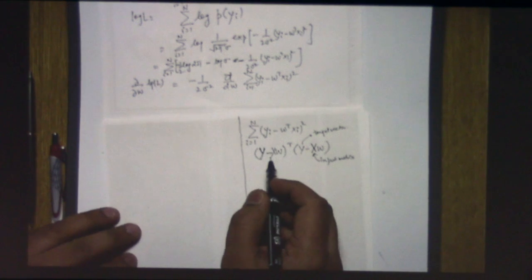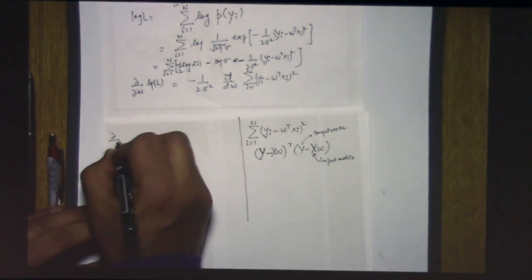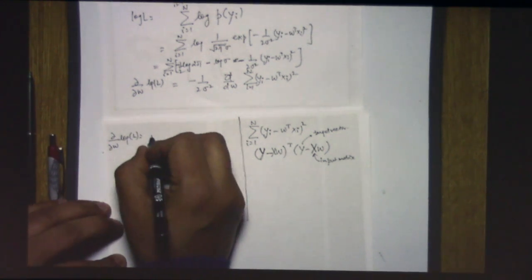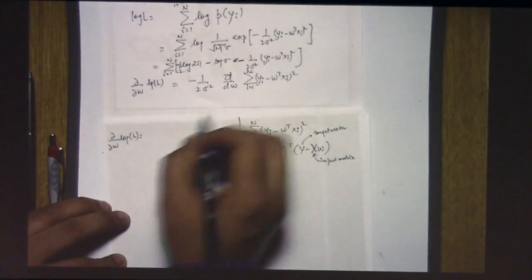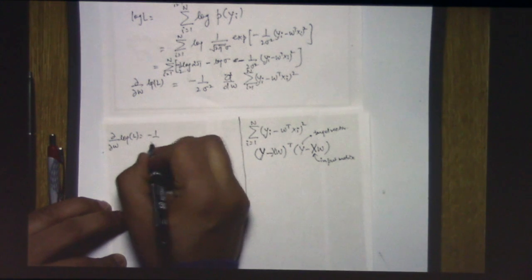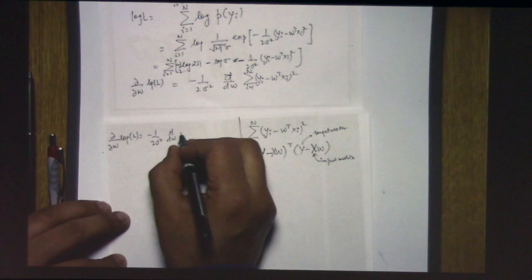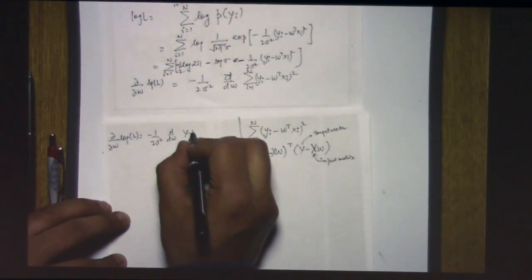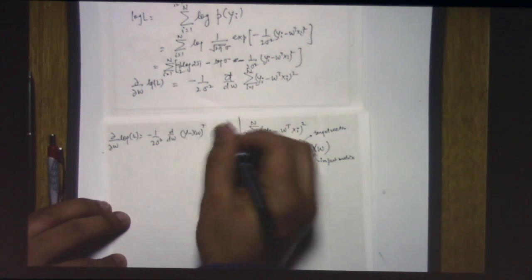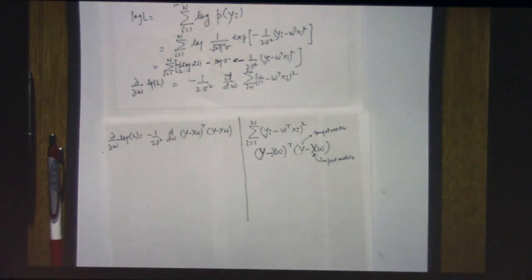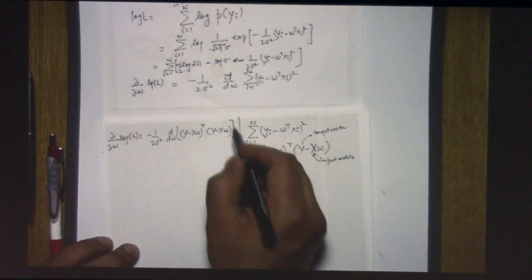So I'll use this result to make it look a little more manageable: minus 1 by 2 sigma squared, d by dw of (y minus xw) transpose (y minus xw). There are many ways to solve this.